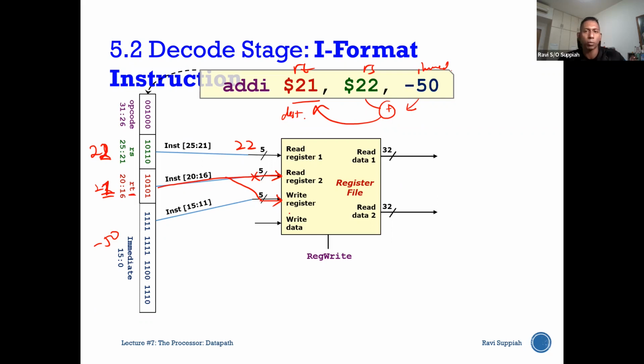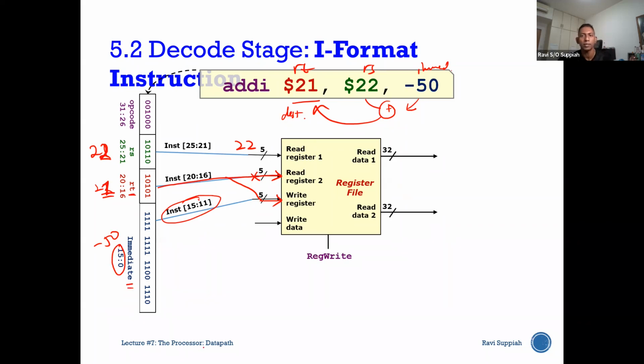So you can see that this is a problem. I cannot just take the hardwired concept and stick with it and expect it to work for all the formats. It works for the R format alone, but once I come to the I format, I already need to make some changes. And this 15 to 11 again doesn't make sense in this context, because it is not a register; in I-type, 15 down to 0 is the full immediate value.